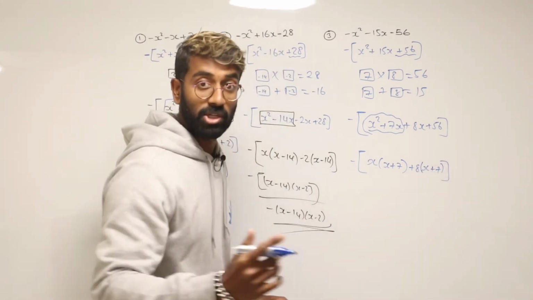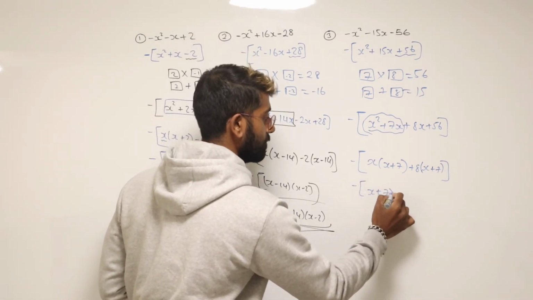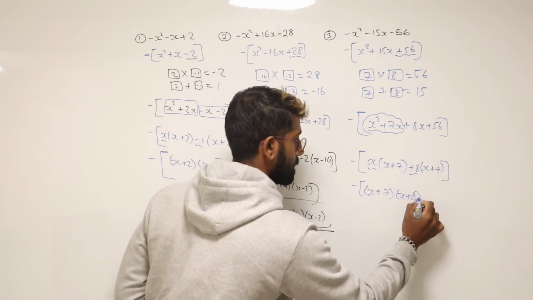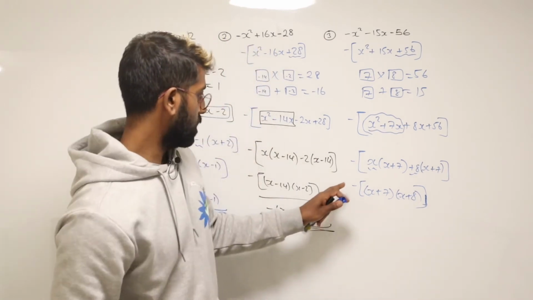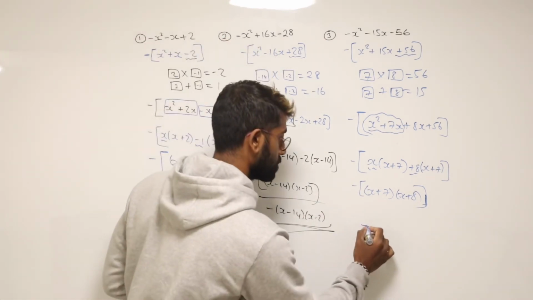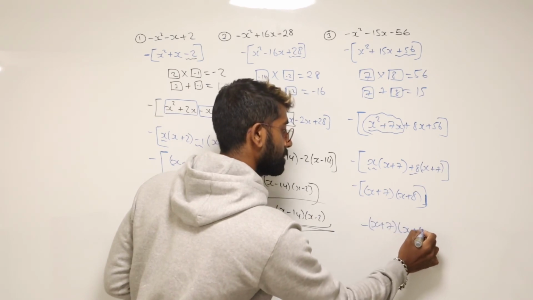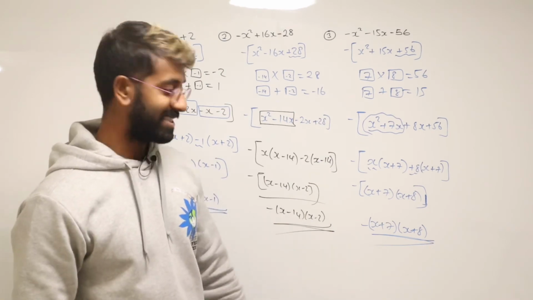And those two brackets, they match up perfectly again. So we can have minus and then x plus 7. And what's left over? x plus 8. There we go. And last bit, times through by the minus, and then we're there. So it's minus, and then x plus 7, and then x plus 8. And there it is. So all three factorized there.